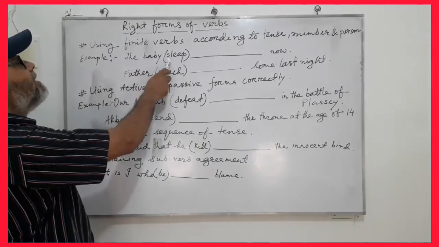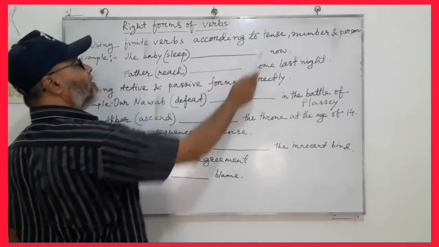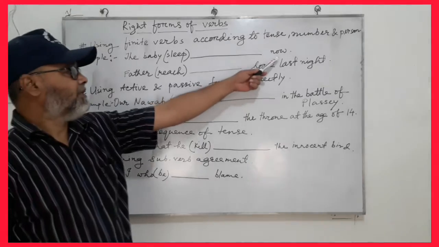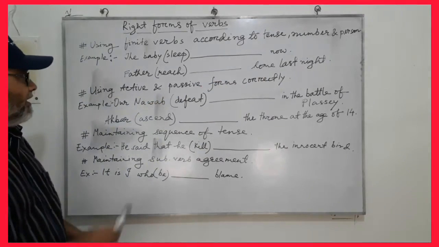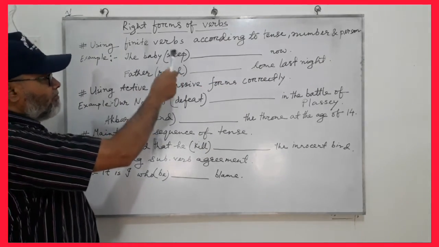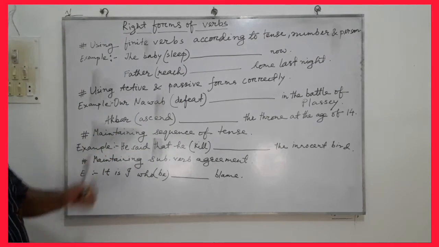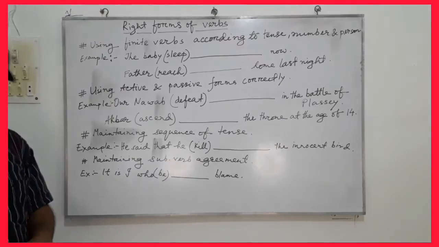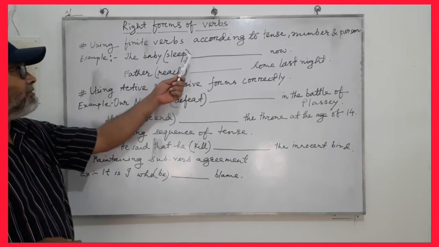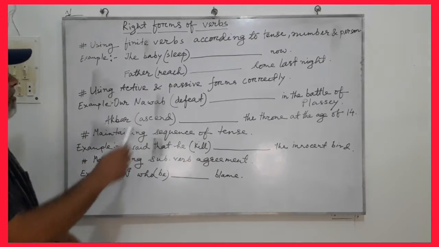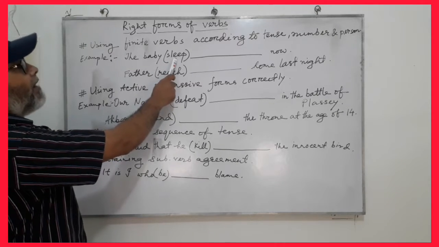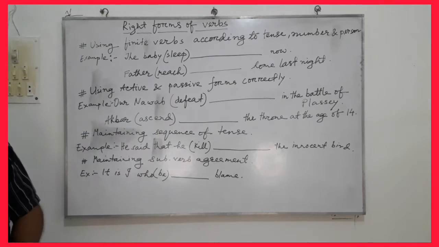The baby sleep now. This word now indicates that the action of verb is continuing. That is, this sentence will be in present continuous tense. So you have to write this verb, this sleep verb, in present continuous tense.